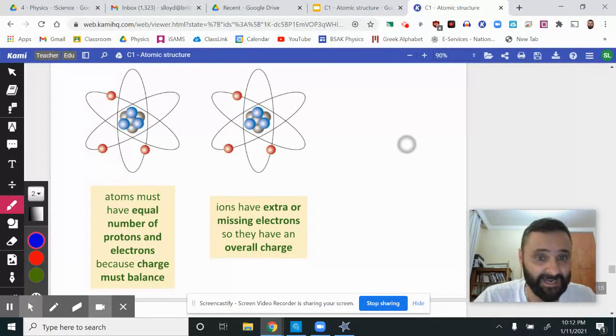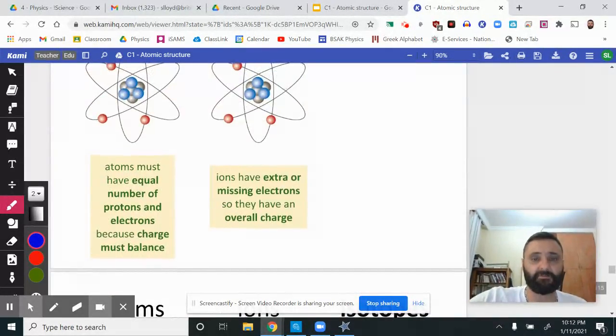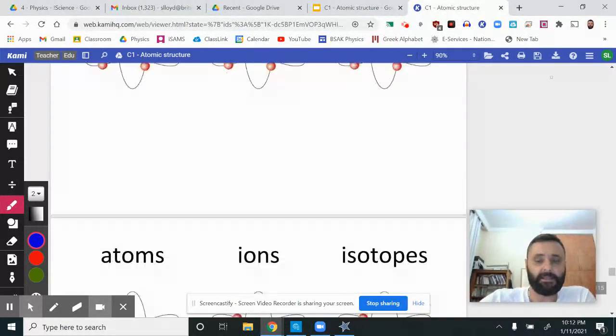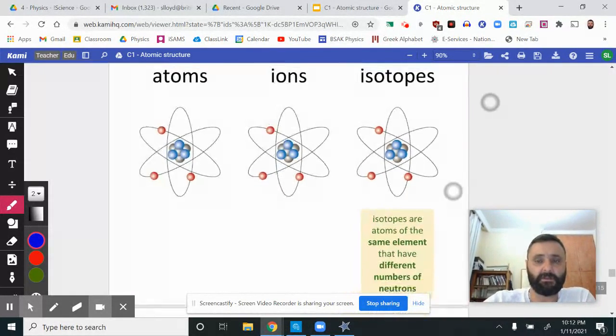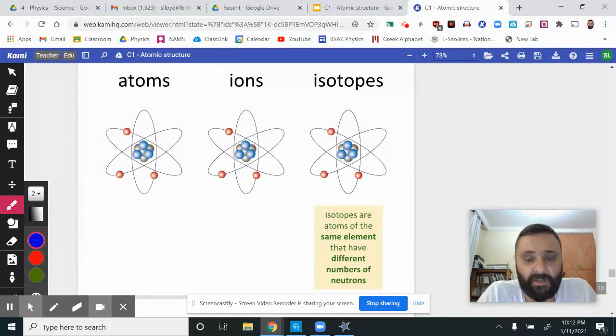Non-metals are very good at gaining electrons, so they become negatively charged. Isotopes are not about the protons, not the electrons. It's all about the neutrons. Isotopes are atoms of the same element, but they have different numbers of neutrons.